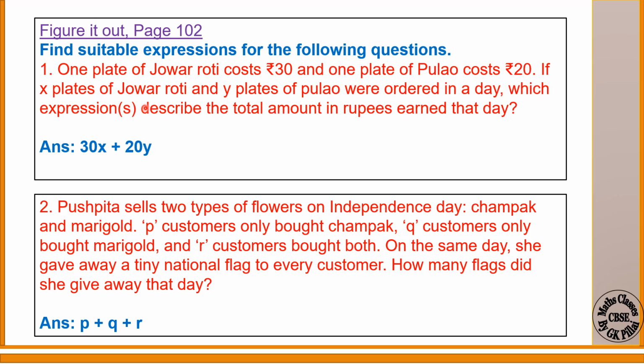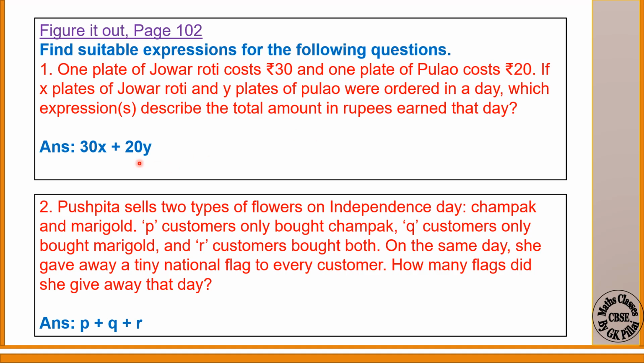If X plates of jawar roti and Y plates of pulao were ordered in a day, which expression or expressions describe the total amount in rupees to be paid? It is actually 30 into X only. The cost times the number of plates, 30X, and the other one will be 20Y.